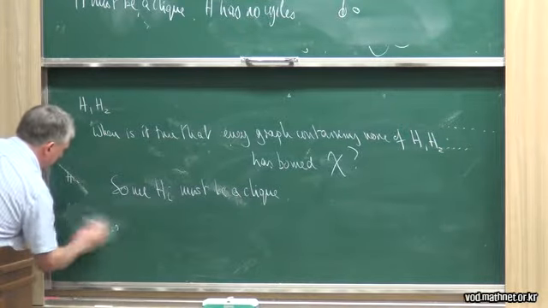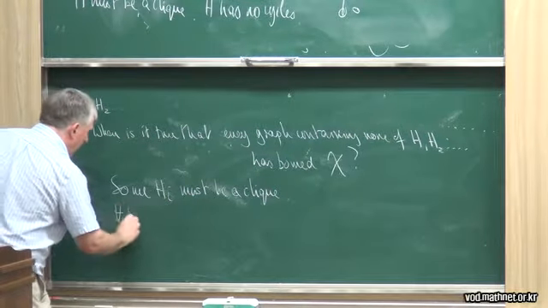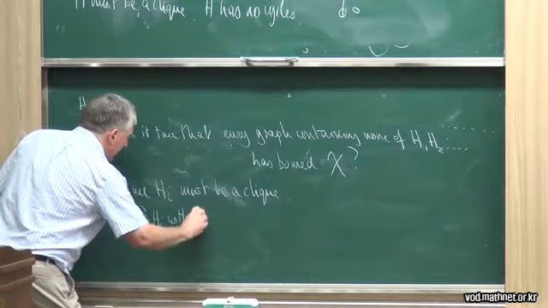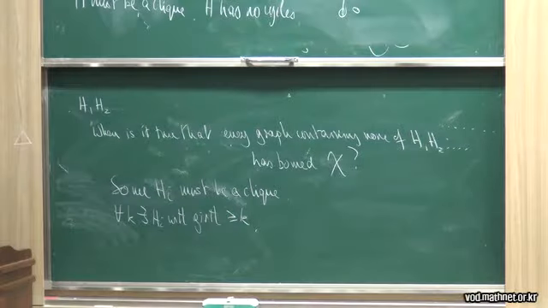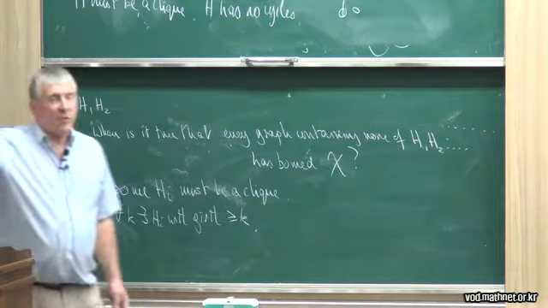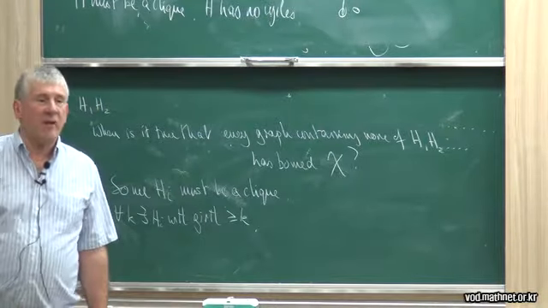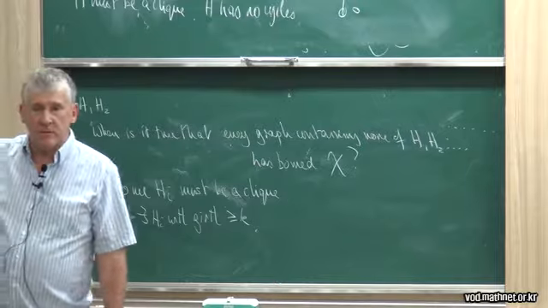So, in general, for all k, there exists H_i with girth at least k. Because take one of Erdős' graphs, with no cycle of length less than k. It's still got to contain somebody in the list, so that somebody in the list can't have any short cycles.